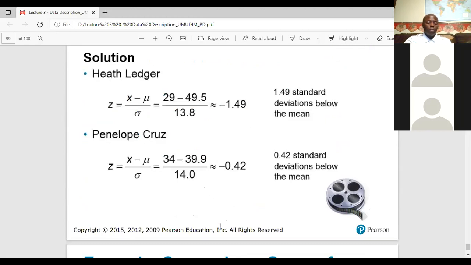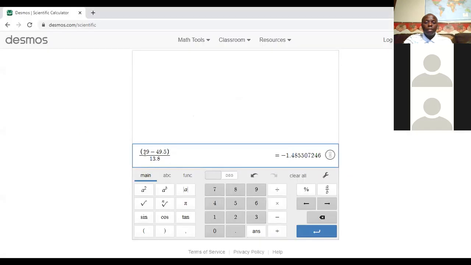So you're going to do 34 minus 39.9, divided by 14.